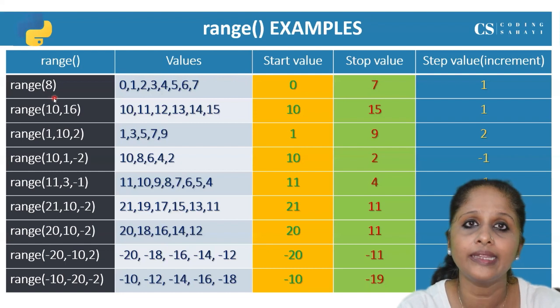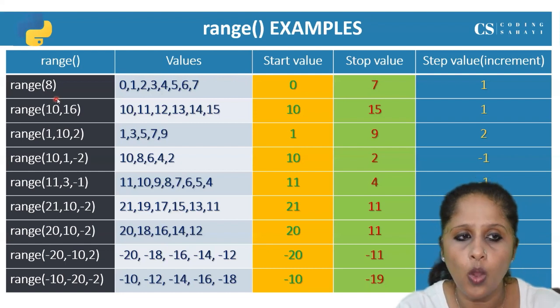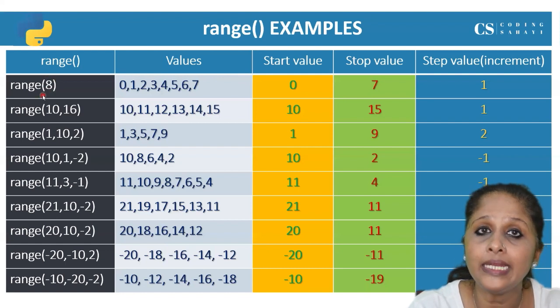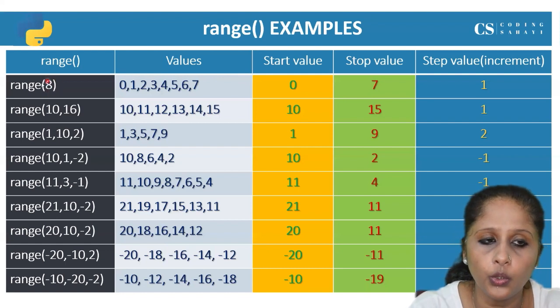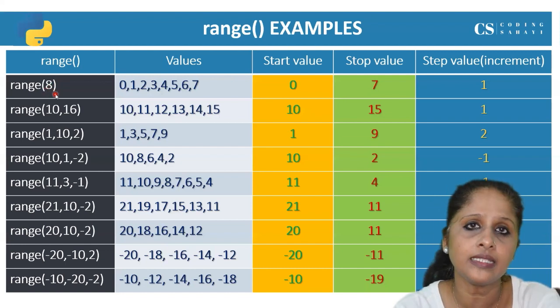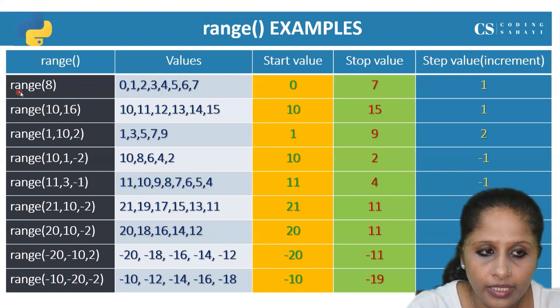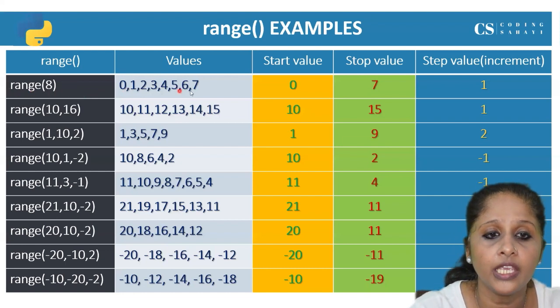So by default the start value is 0 and the step value is 1, and here stop means stop minus 1. So it starts from 0 till stop minus 1, that is the number before your last value, that is 7. So it is going to execute from 0 to 7.